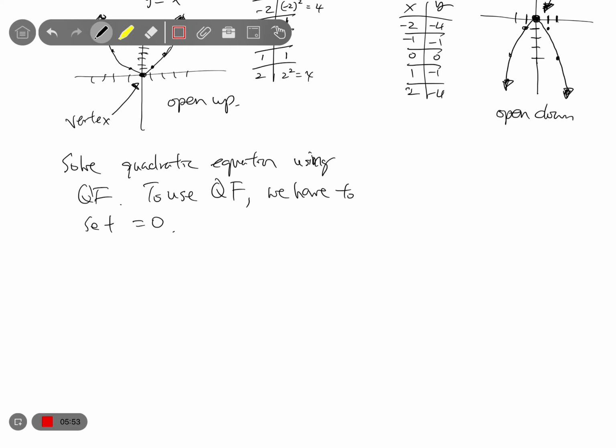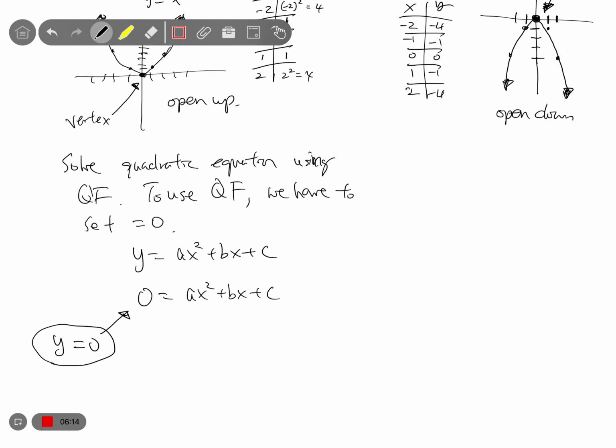Which means if you have an equation y equals ax squared plus bx plus c, that means you now have 0 equals ax squared plus bx plus c. Which means you're telling me y equals 0. Right? Because if you set it equal to 0, that means you're assuming y equals 0. Okay? And if you remember from linear x-intercept, what does x-intercept mean? X-intercept means when the y value equals 0.